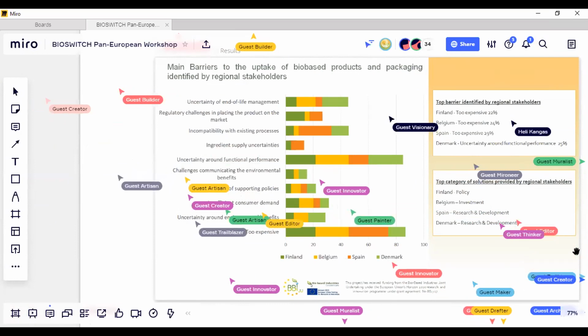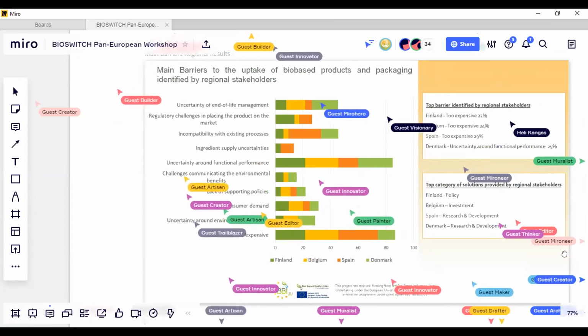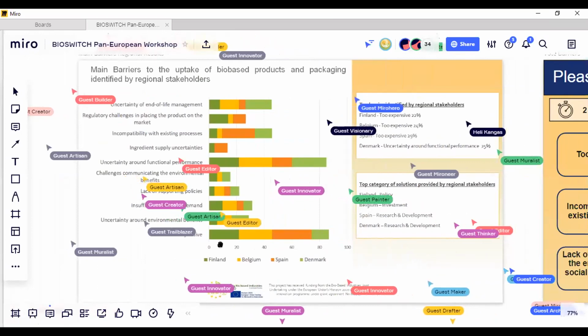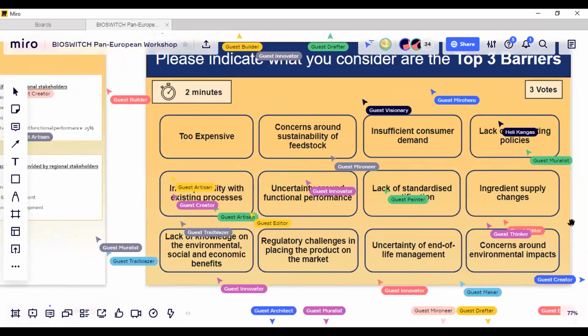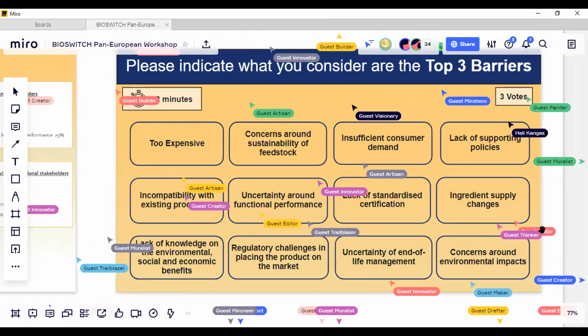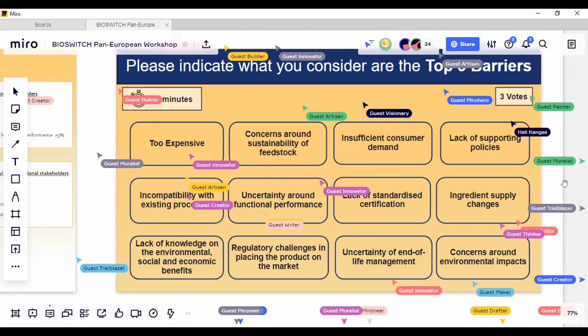So to build on this and to validate these main barriers from the regional workshops and also the questionnaire, an updated set of barriers has been produced, and we now would like to ask you to vote to jointly develop a set of perceived barriers to bio-based uptake among companies and brands.